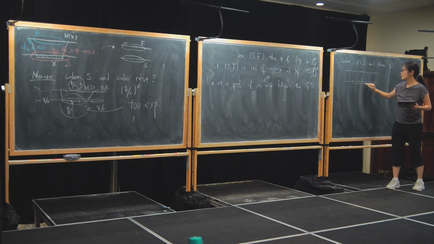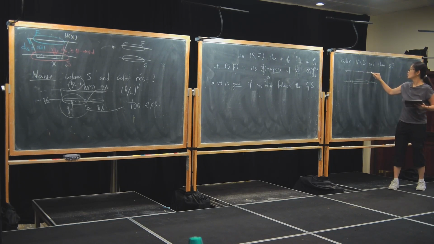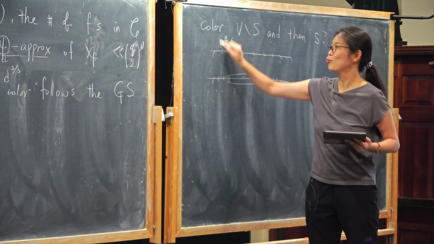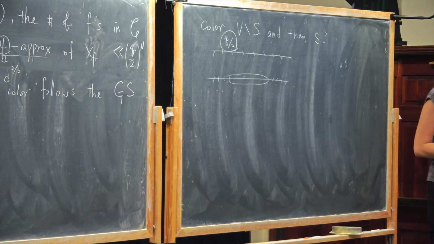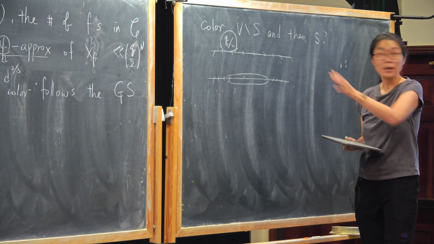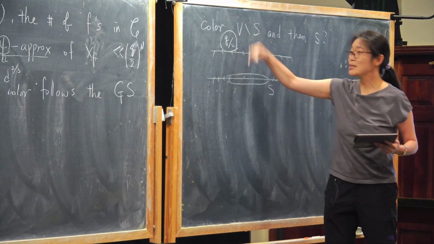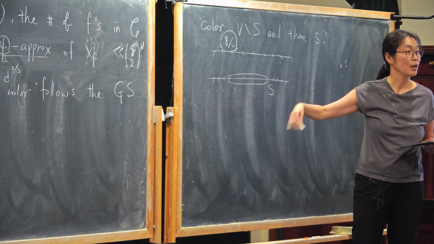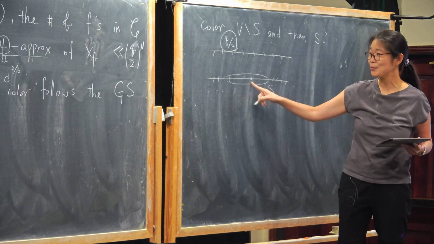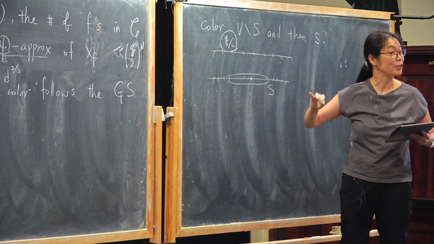So this is our S. And if we color the rest of the vertices, all that we can do is to pay Q over 2 for each vertex, because we know that they're all good. So each of them has Q over 2 many choices, and there's no further information that we can take advantage of. Again, the problem is, if you're in S, then we never know this vertex is good or bad without any knowledge.